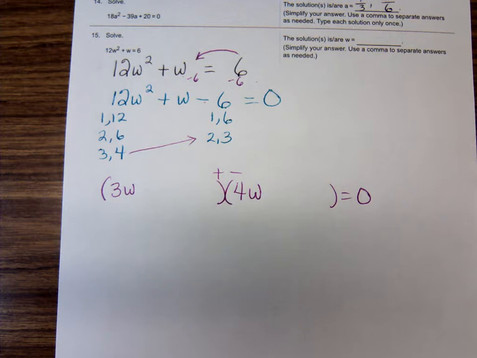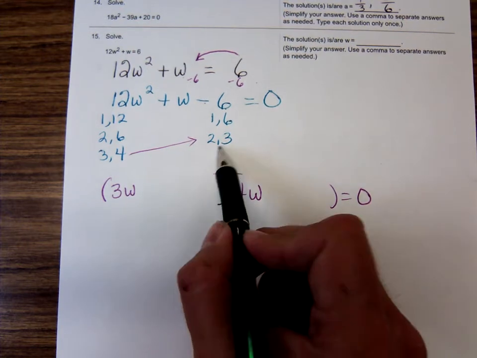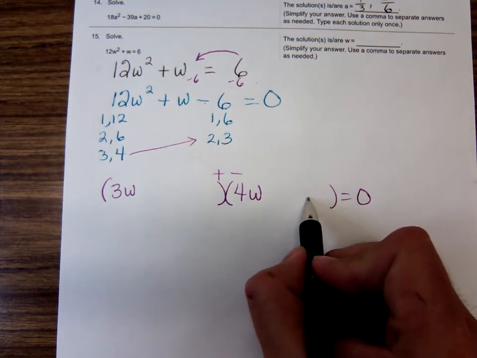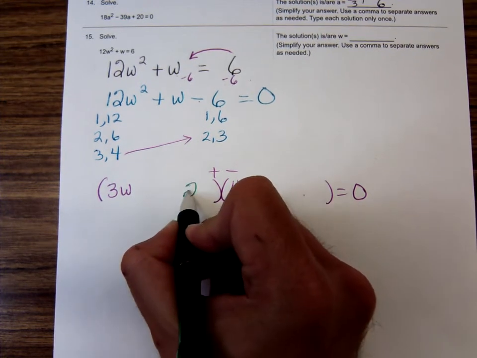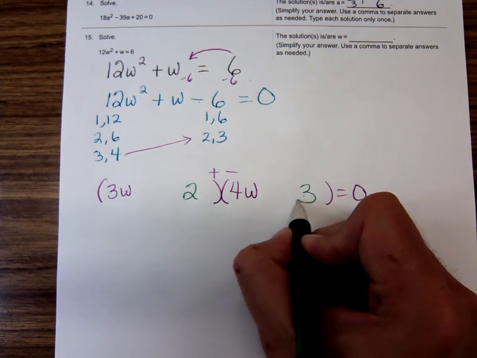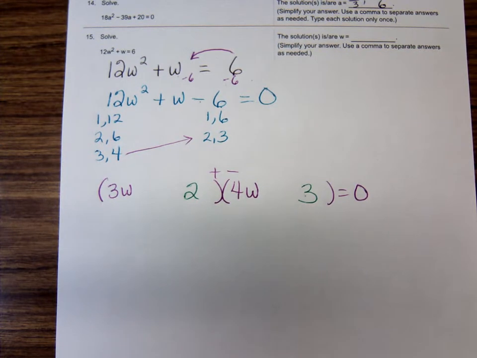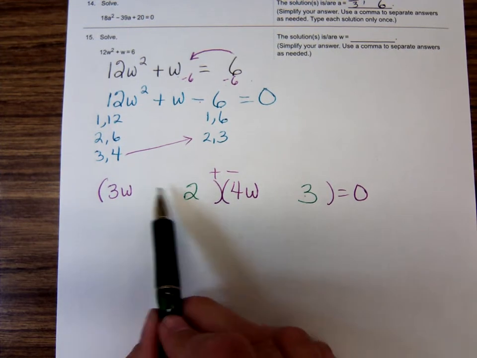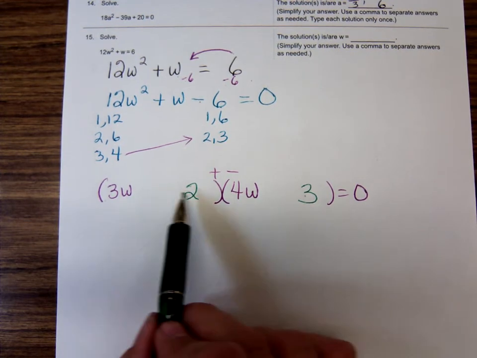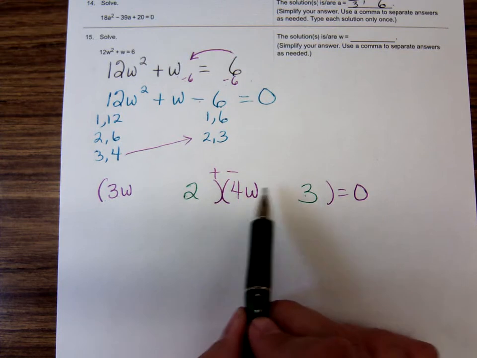Now, let's try it with that 2 and 3. Well, I can't put the 2 here because there'd be a common factor. The 2 would have to go, if it's going to work, using these pairs, 3, 4 with 2, 3, then the 2 would have to go here. There's no common factor other than 1 here, and no common factor other than 1 here.